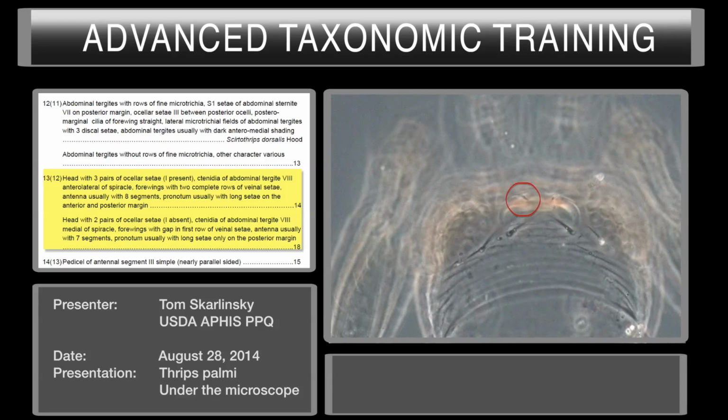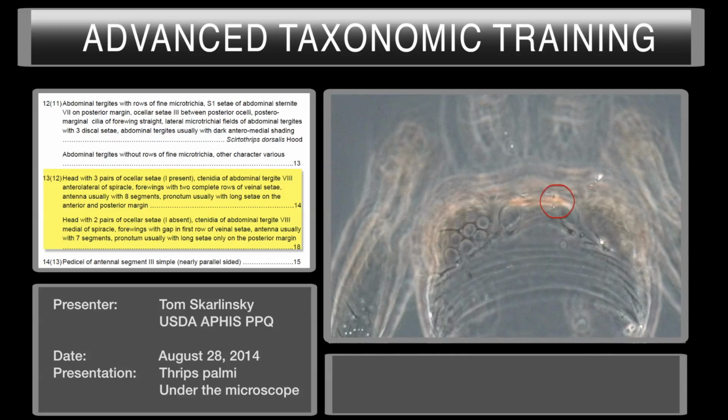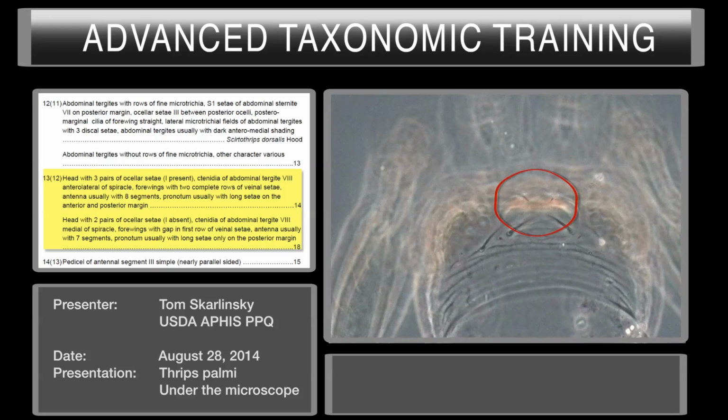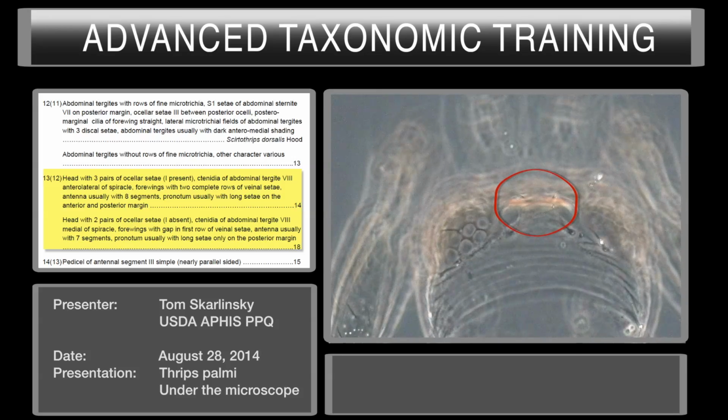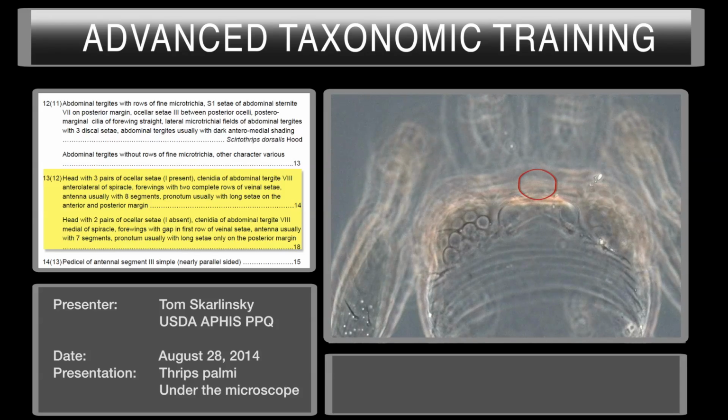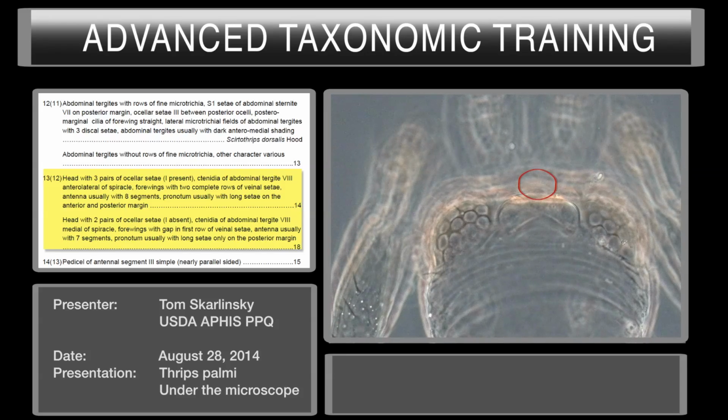Right here, we can barely see it. You can see them, they're kind of bent. This would be ocellar seta 3, which is usually within this area of the ocellar triangle. Then ocellar seta 1, if it's present, is going to be just anterior of the anterior ocellus.